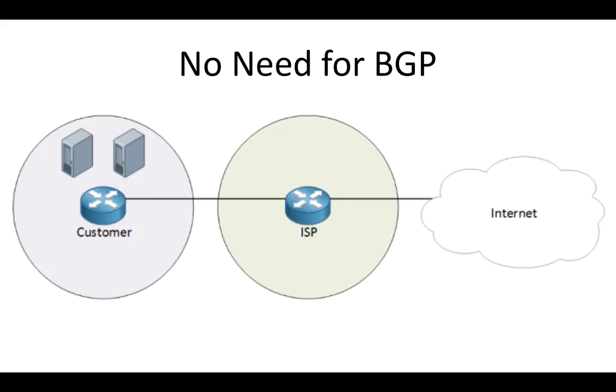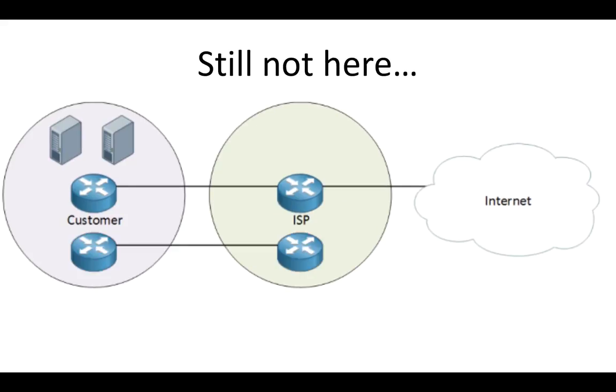Let's take a look at a different example. Something you might be thinking about is, what if we have redundant links up to our ISP? Really, at the end of the day, it's the same process as what we looked at before. Although the customer's traffic has two routers to get to that ISP, the only way that traffic can go is to the ISP. What we could do in this case is create two routes.